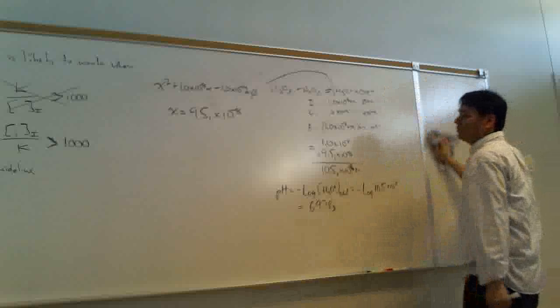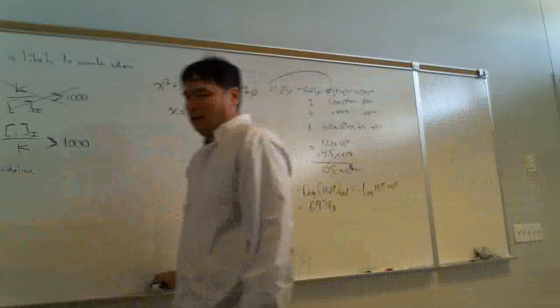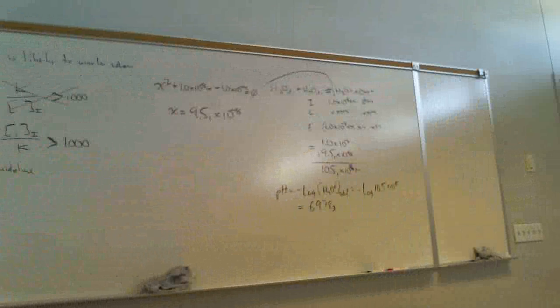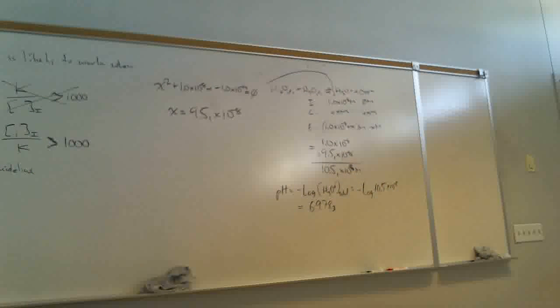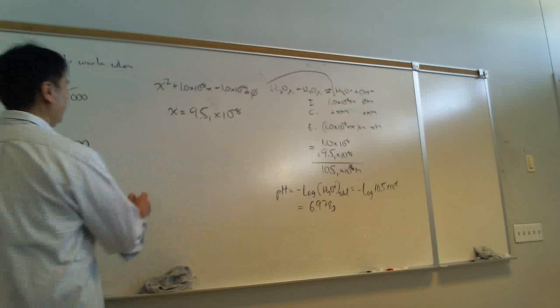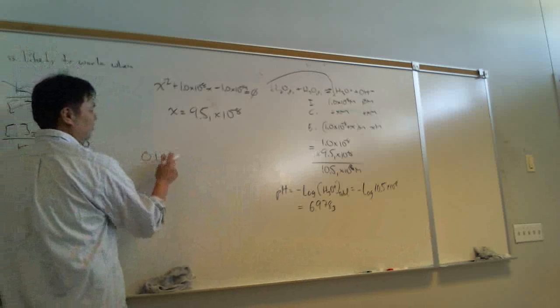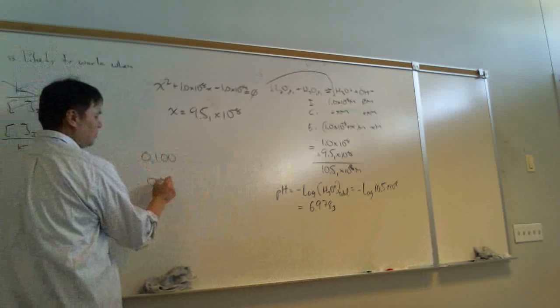All right. Anyway, this is incredibly dilute. And so the point is, when is it necessary? Because to do this extra step takes time. Step 2, right? And sometimes it's necessary, like this problem. Sometimes it's not necessary. Like the last problem, if we skipped step 2, would that have changed the pH? No. In the last problem, without step 2, we got 0.100. With step 2, we got 0.100.